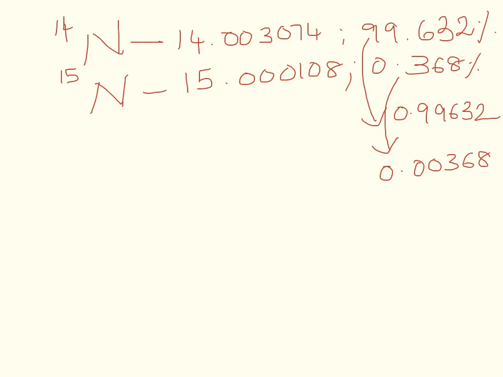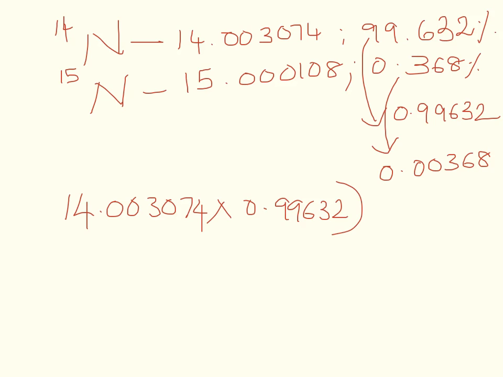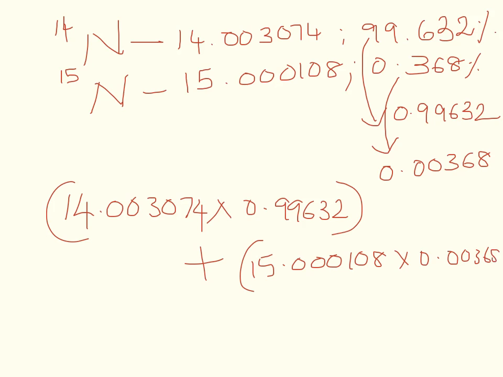Okay, how are we going to weight average this? 14.003074 multiplied by 0.99632 plus 15.000108 multiplied by 0.00368.